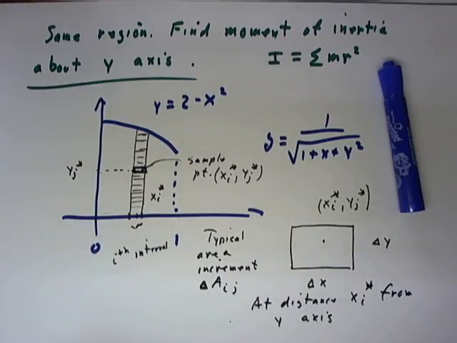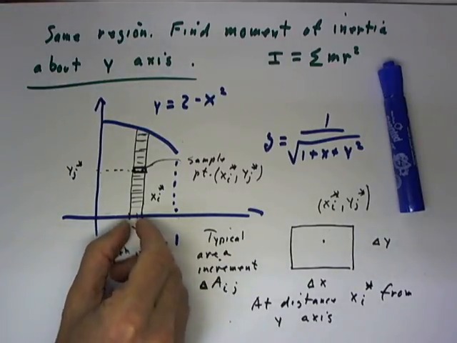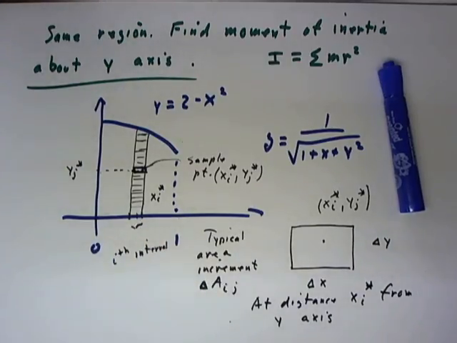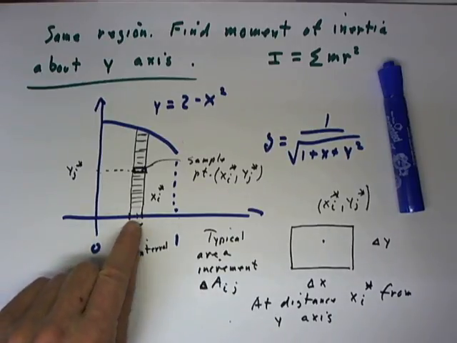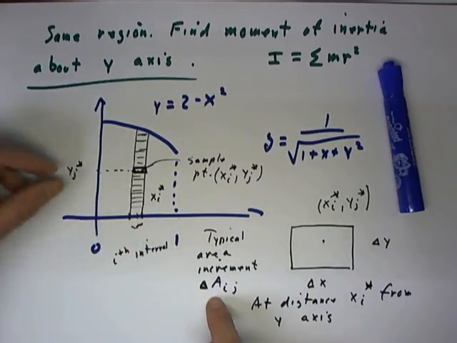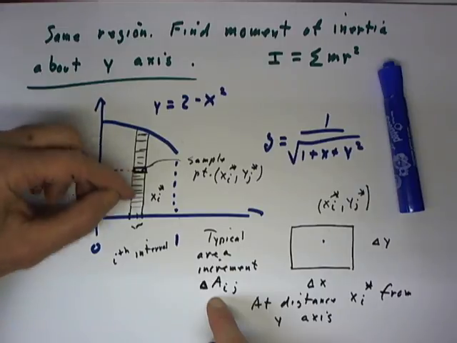The area increment corresponding to our ith x subinterval and our jth y subinterval.